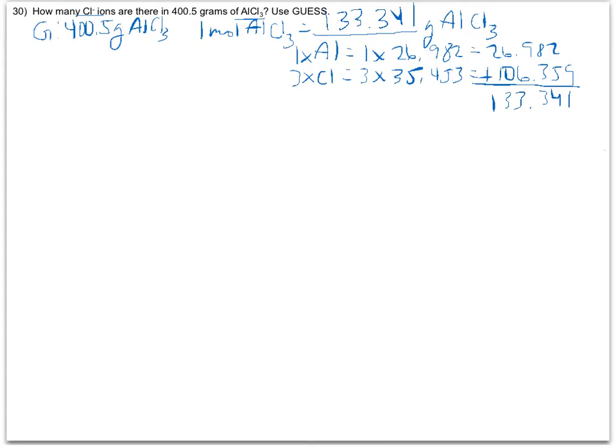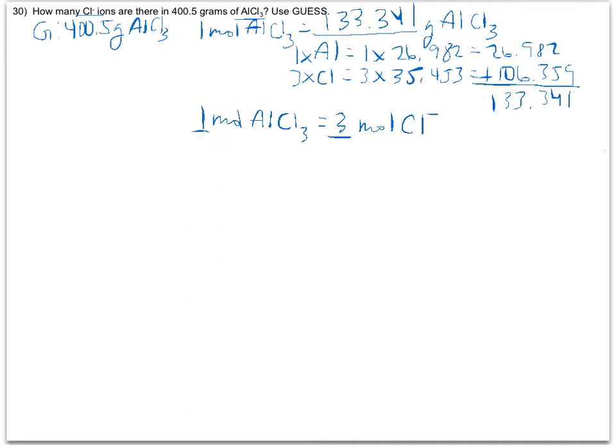So we put that up in our space up here. Okay, so that's one conversion statement. That gets us into moles of aluminum chloride. Then we have to use our subscripts so that we can compare the moles of aluminum chloride with the moles of chlorine ions in that compound. For every 1 aluminum chloride, if we look at our subscripts, there are 3 chlorines.